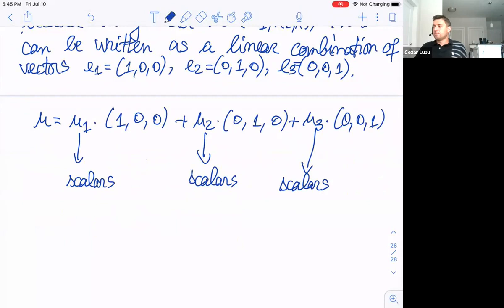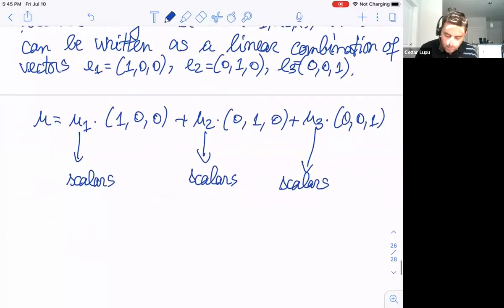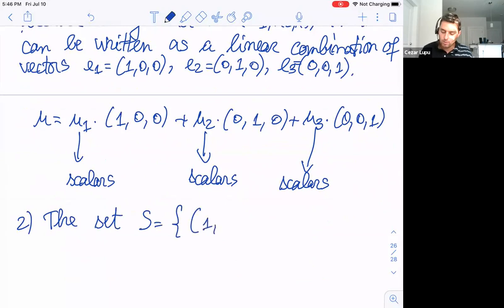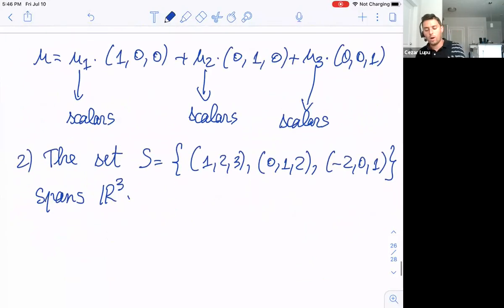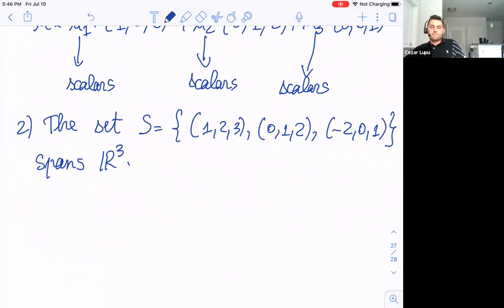Let me give you another example of vectors. So another example, we want to show that the set S, which will consist of vectors 1, 2, 3, 0, 1, 2, and negative 2, 0, 1, spans the entire R3. Wow. You wouldn't believe it, right?